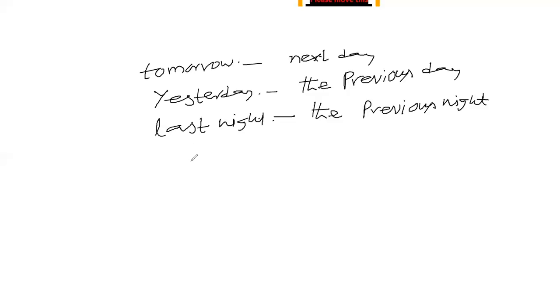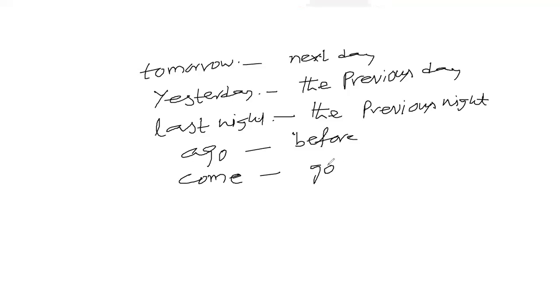Then the other word, ago, becomes before, right? And come becomes go. In some cases, sometimes this can be used. For example, I would like to give you an example using come, because come becomes go sometimes. You rarely come across an example using come and go, right?